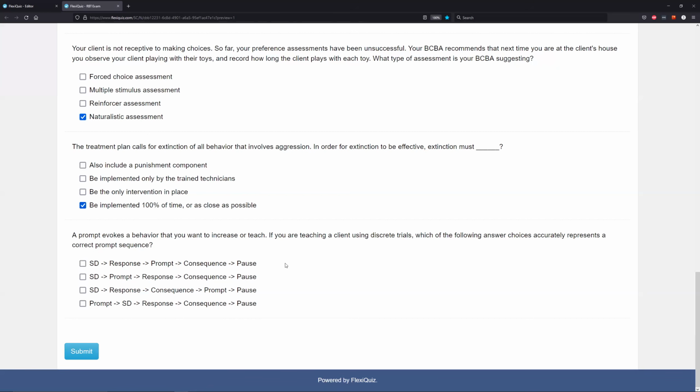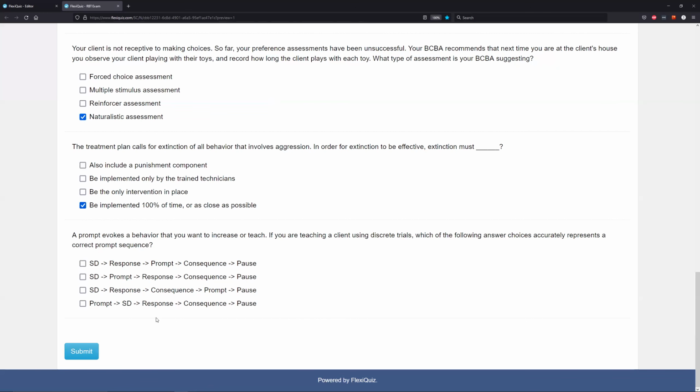A lot of times you see RBTs prompting after the response occurs or before we deliver the SD. Remember, the prompt takes the place of the SD temporarily, which is why we fade prompts, which is why we transfer stimulus control, because the prompt becomes the SD, okay? So it doesn't come after the feedback, it doesn't come after the response. The prompt has to come before the response.